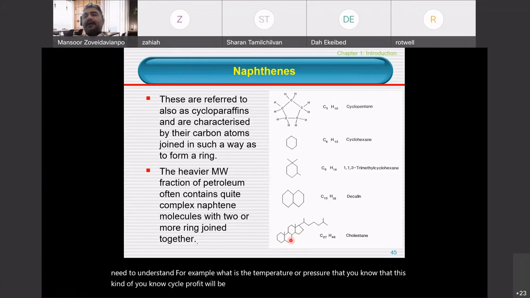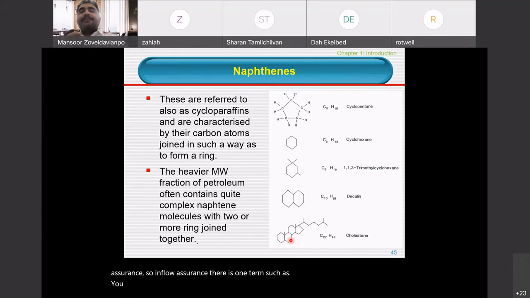That's why in flow assurance studies, a multidisciplinary branch involving petroleum engineers, chemical engineers, and mechanical engineers, there is one term, wax appearance temperature, WAT.